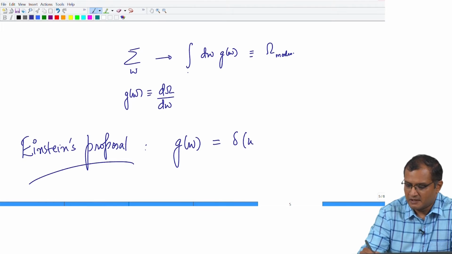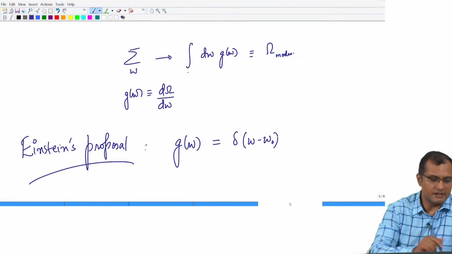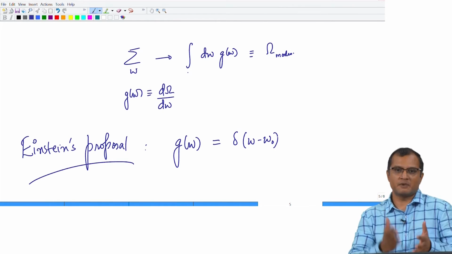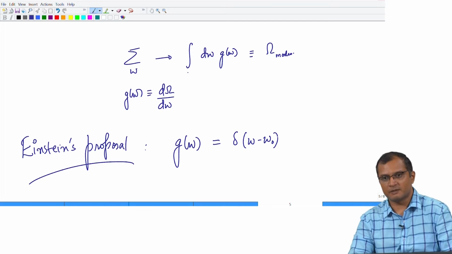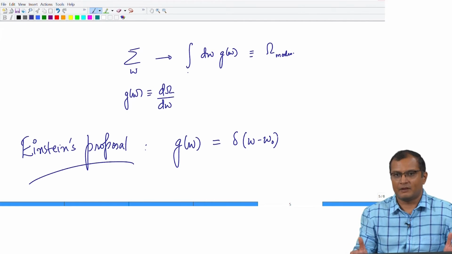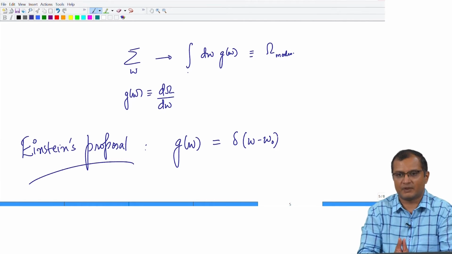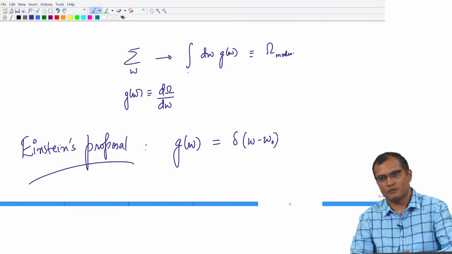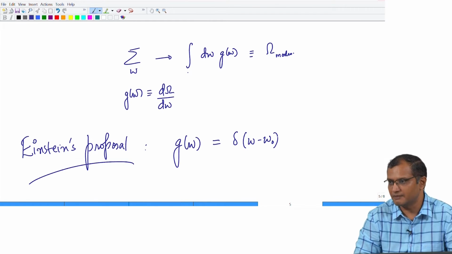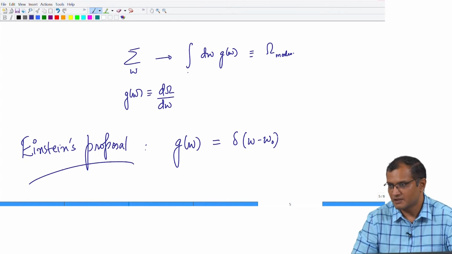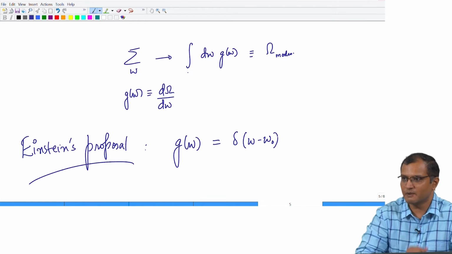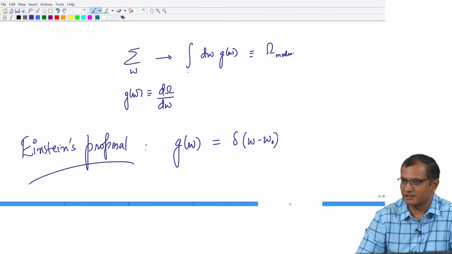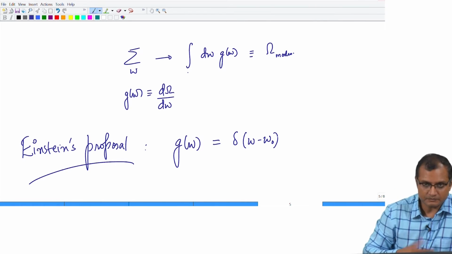What does this mean? He was saying that all oscillators have the same frequency. Now, if you ask what is the number of oscillators per frequency, this has to be infinity, because the frequency width is 0, everything is in one frequency, and you have n or 3n oscillators, all of them oscillating with omega 0, which means if you consider dn by d omega, it has got to be infinity, because the width is 0 and everything is on one frequency.